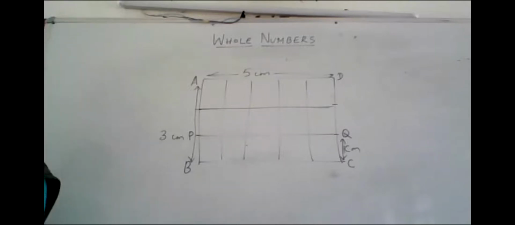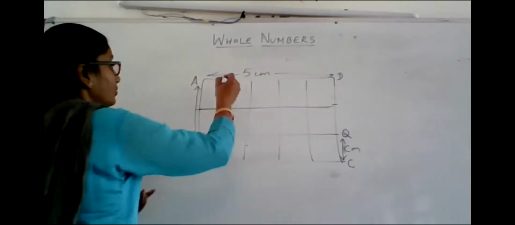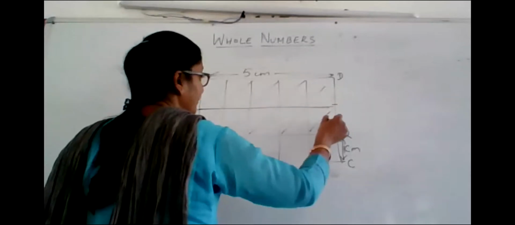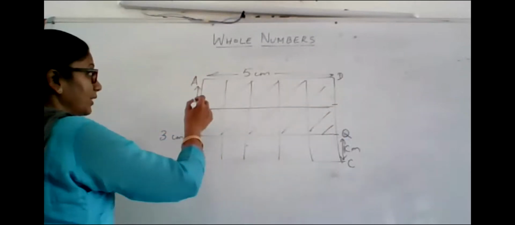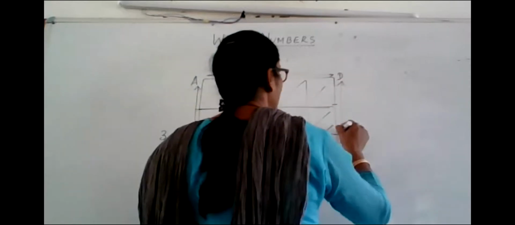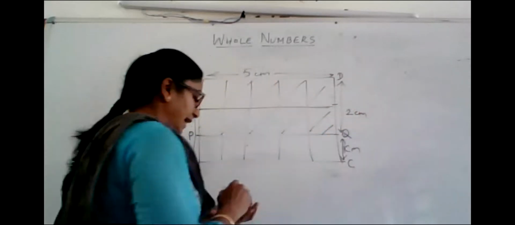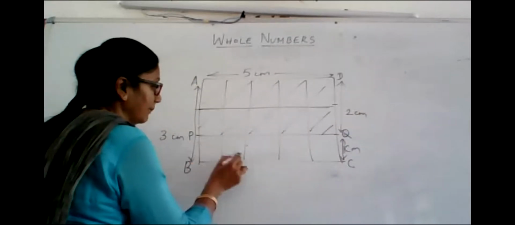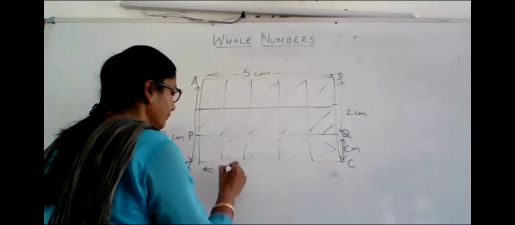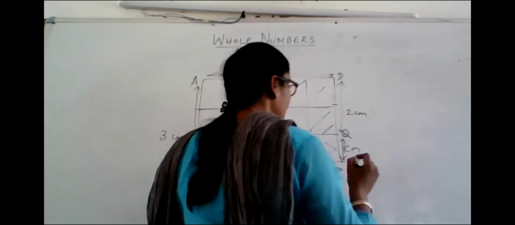So this will be your blue rectangle. I am marking it like this, shading it, whose length will be 5 and the width will be 2. This is 2 centimeters. And the second rectangle, I am marking it in the other way, whose length is 5 and the width is 1.